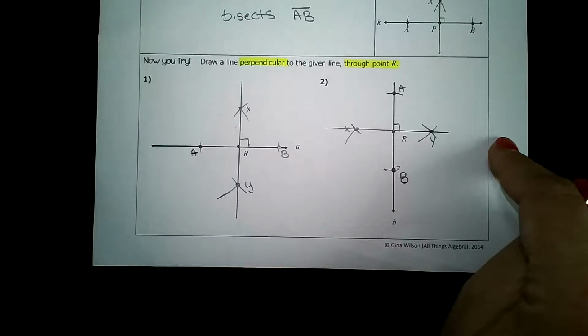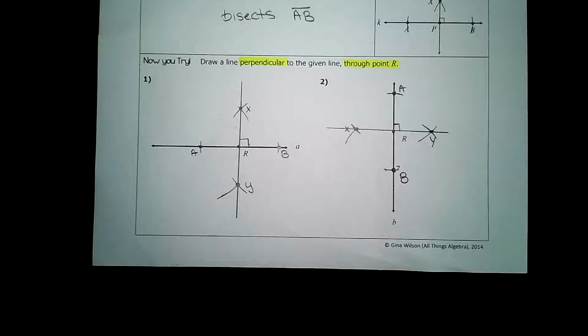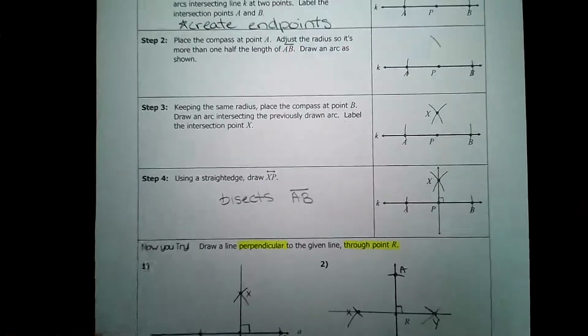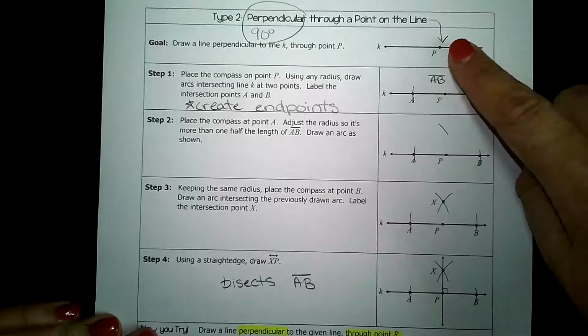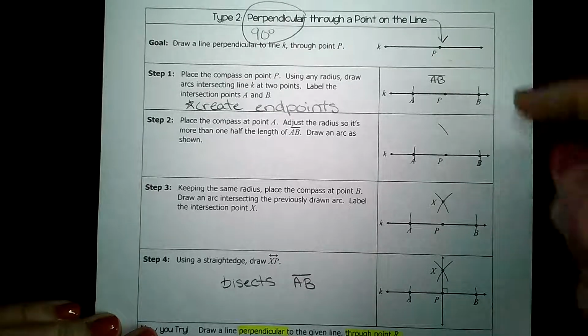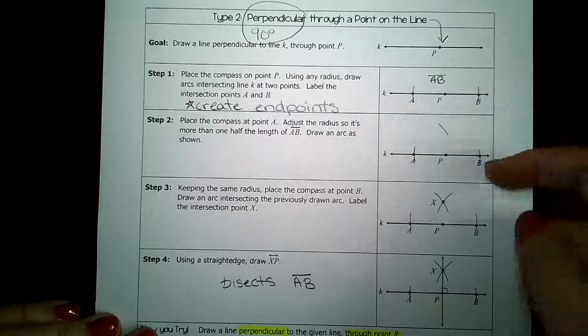Another way that they test this on the SOL is they will build the construction and ask you, what did we build? Or they might even ask you, if I'm building a perpendicular through point L, what would my first step look like? So they want you to recognize these steps.